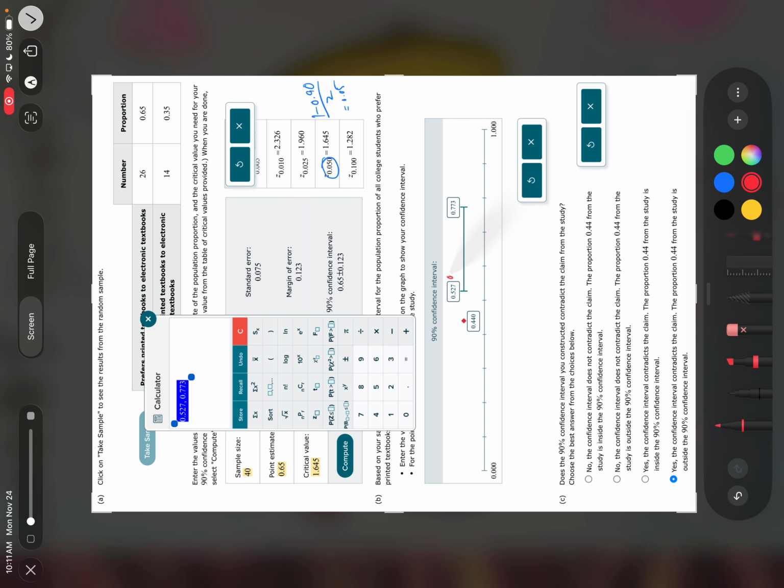This number here is 0.65 minus 0.123. And this one is 0.65 plus 0.123. I don't think there's anything else I need to say. This is 40, right? If I add those up, it's 40.